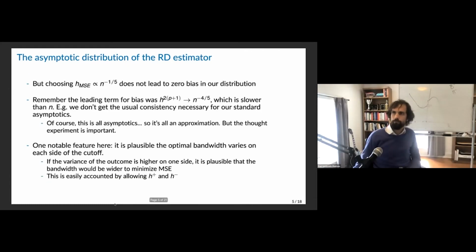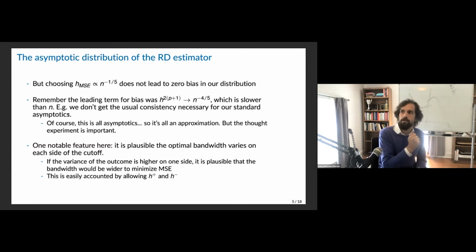Now, if we do that, one of the key points is that if we choose that bandwidth, it doesn't lead to zero bias in our distribution. So this is a result that is known in this literature: if you pick the mean squared error minimizing bandwidth, that's doing too much smoothing.